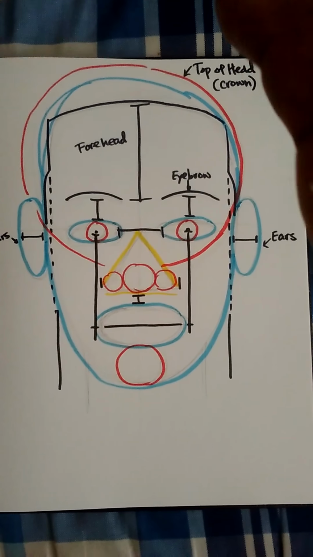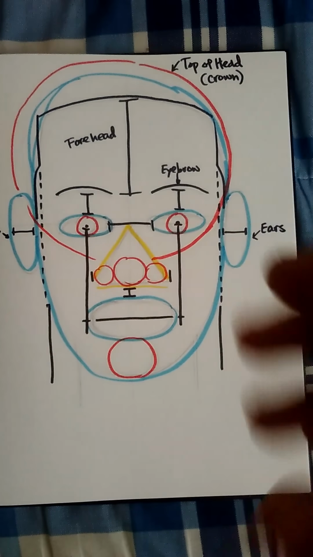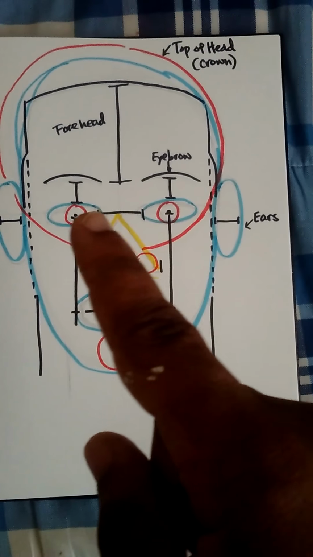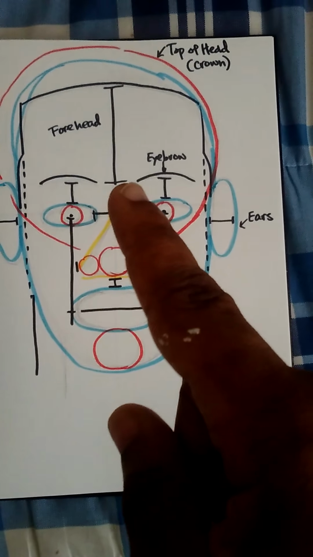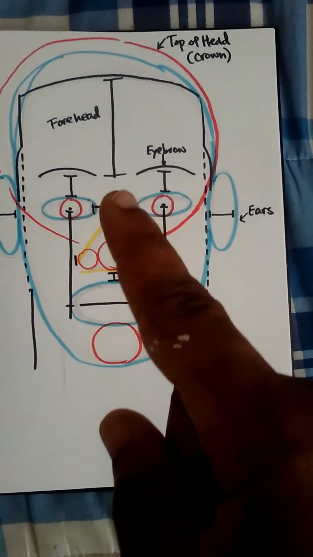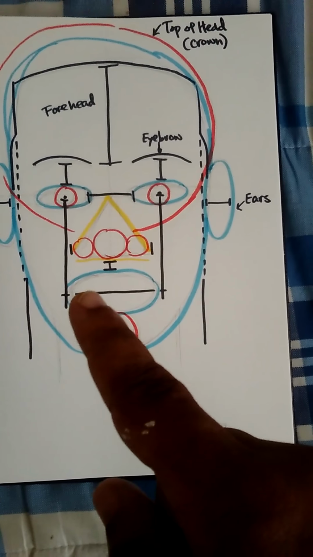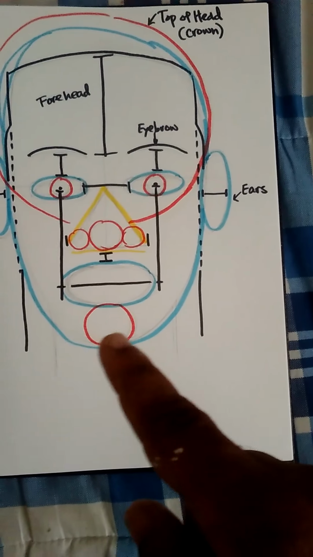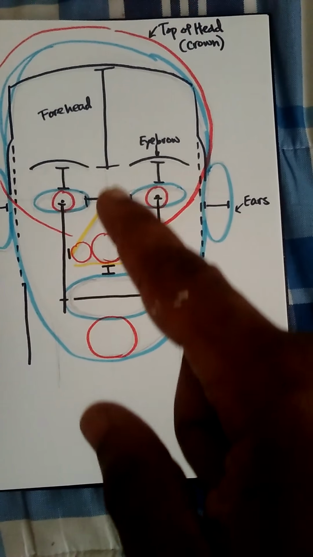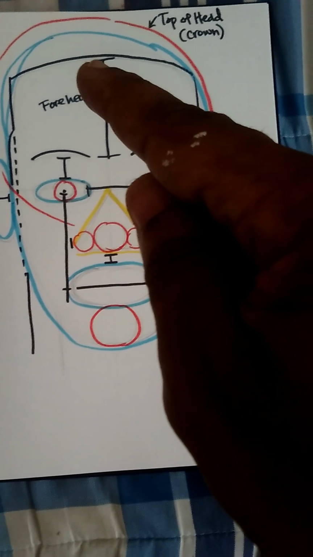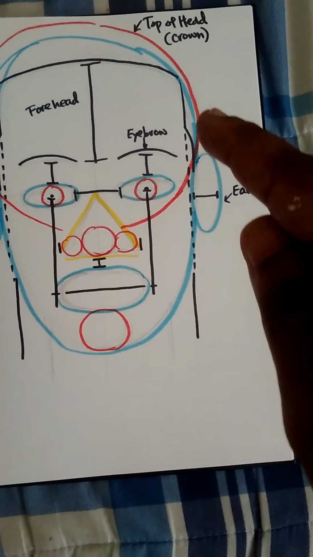Now, if you use this diagram, you can see how far apart the eyes are in relationship to the nose, in relationship to the lips, in relationship to the chin. And if you go up, you can see the eyebrows to the forehead, and how far they are from each other.